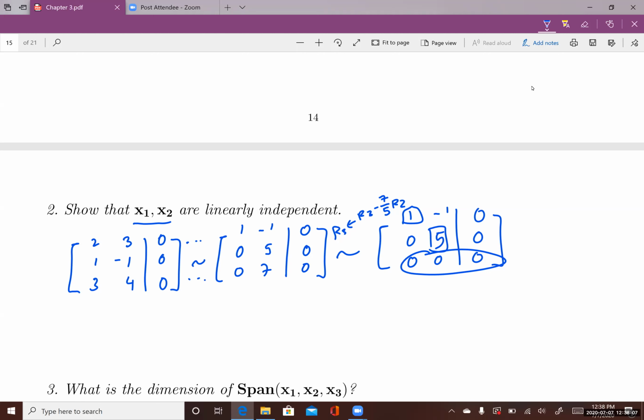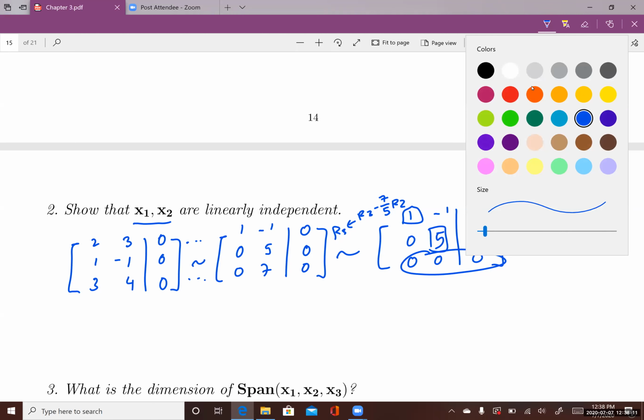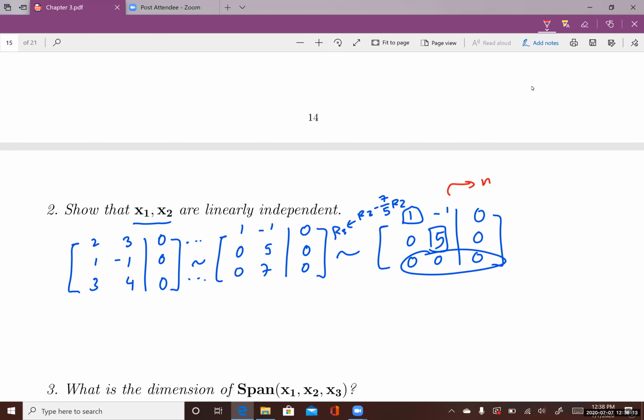And I don't have any free variables. So there are no free variables, that means this matrix here is non-singular.